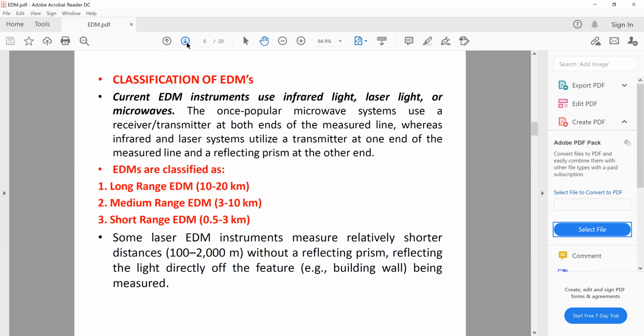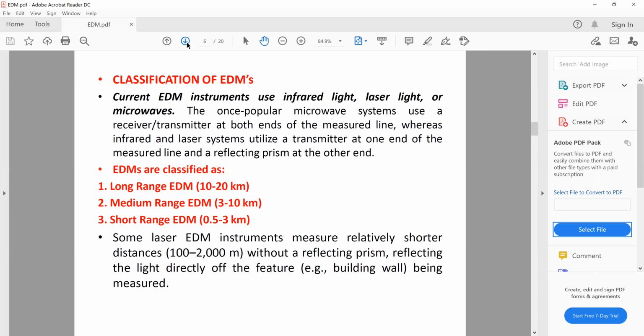So like we discussed, current EDM instruments use infrared light or laser light, and EDMs are classified as long range EDMs. They can measure distances from 10 to 20 kilometers. Then we have medium range EDMs that can calculate distances from 3 to 10 kilometers. And then we have the short range EDMs, which can measure distances from 0.5 to 3 kilometers.